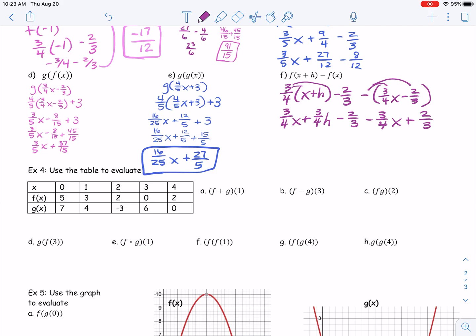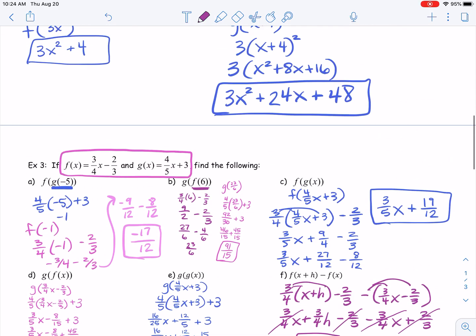And now check out how easy our lives are. Combining like terms, positive 3/4 x and negative 3/4 x, negative 2/3, positive 2/3. All I'm left with is that 3/4 h. And I'm wondering if you see a pattern there, because we did the exact same setup earlier on up here.